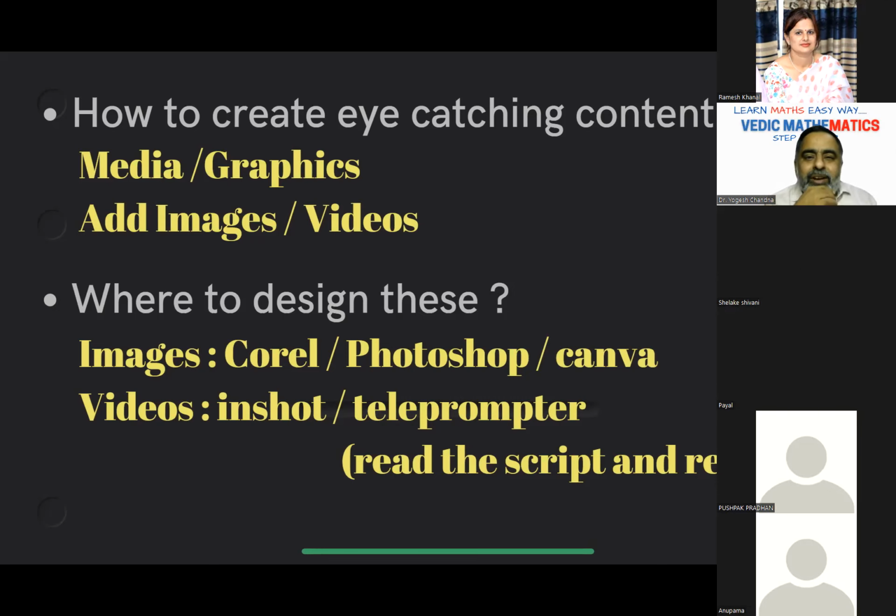Corel and Photoshop, if you have used, those are the toughest ones. So if you have used those, Canva would be like a game for you. If you are good at Corel and Photoshop, then Canva is a 1 second game for you, because everything you'll be getting within seconds.